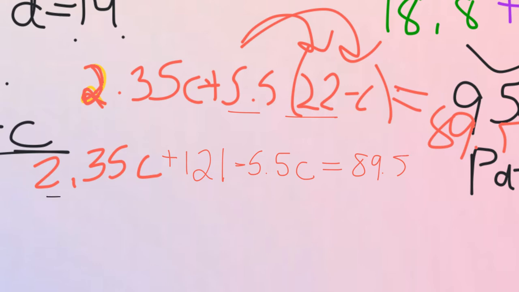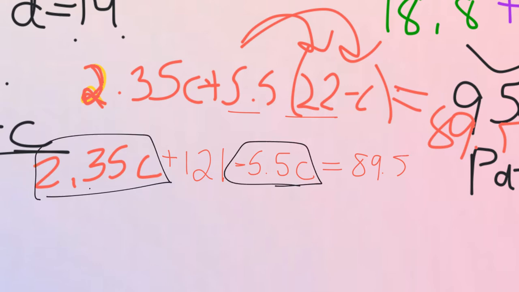Next up we can combine our C terms together. 2.35 minus 5.5 is negative 3.15 C. And at the same time, we can also subtract 121 from both sides of the equation, canceling those out. We'll be left with, on the right-hand side here, 89.5 minus 121 is negative 31.5.